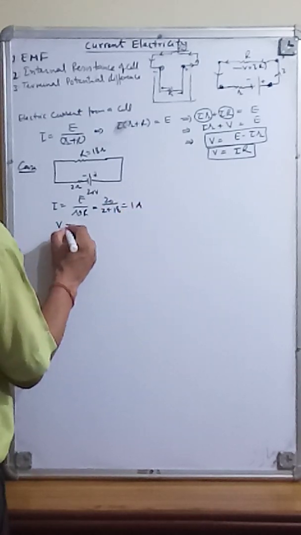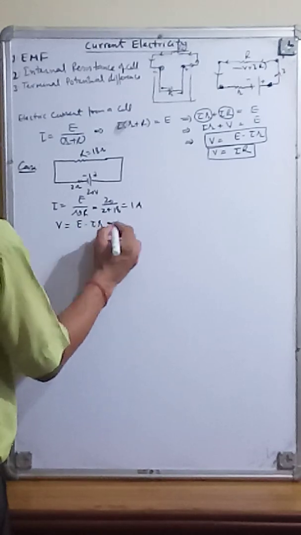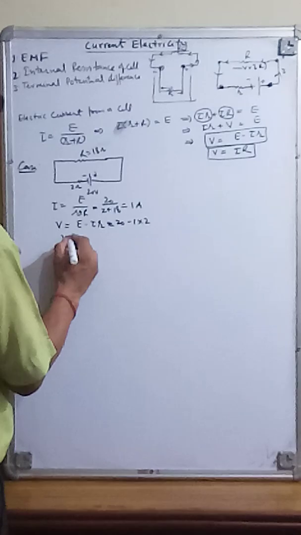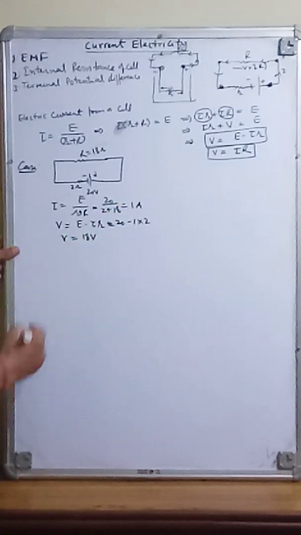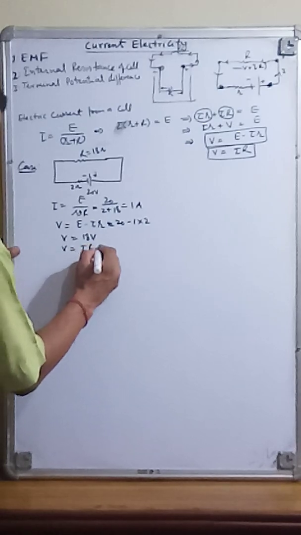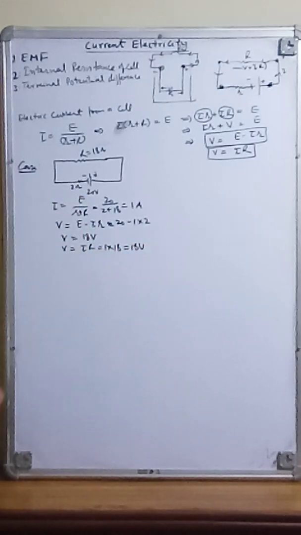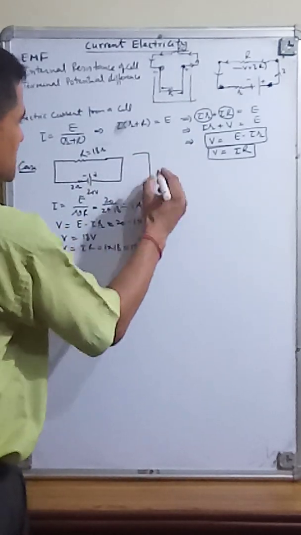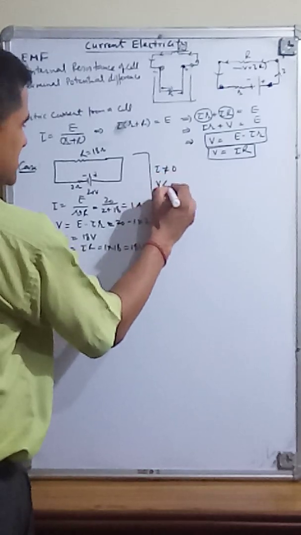Now what is the terminal potential? V is E minus Ir, which is 20 minus 1 into 2, so V is 18 volt. We can also apply the formula V equal to IR: I is 1, R is 18, which again gives 18 volt. This is case number 1. So what happened in this case? Here I is not 0 and V is less than E.